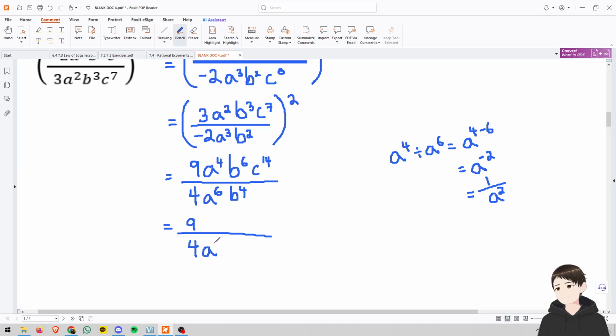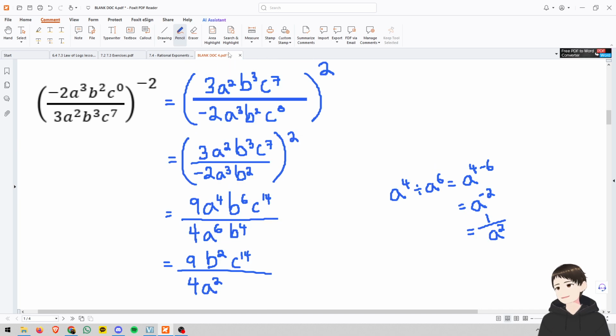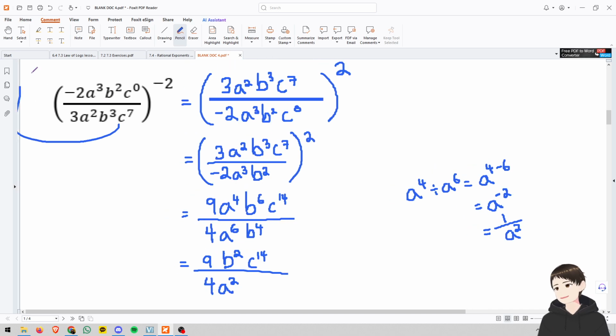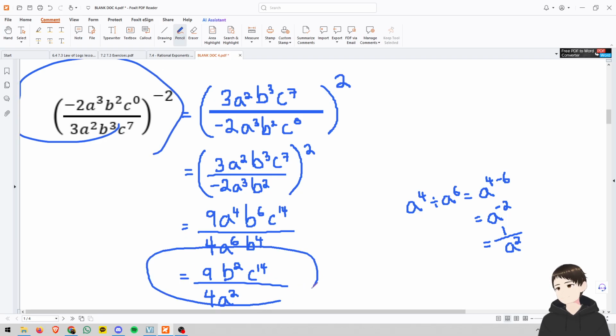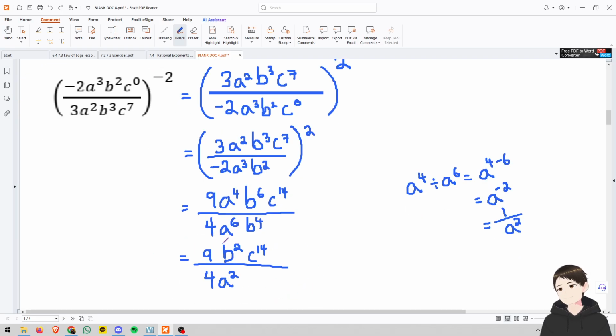And so I can write it in the denominator. B to the power of 6 divided by b to the power of 4 is b to the power of positive 2. And the c variable doesn't change. That's the simplified version. This one right here versus that one. I think the bottom one is cleaner.